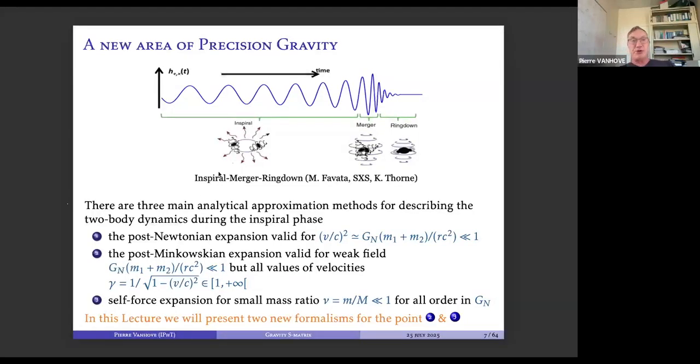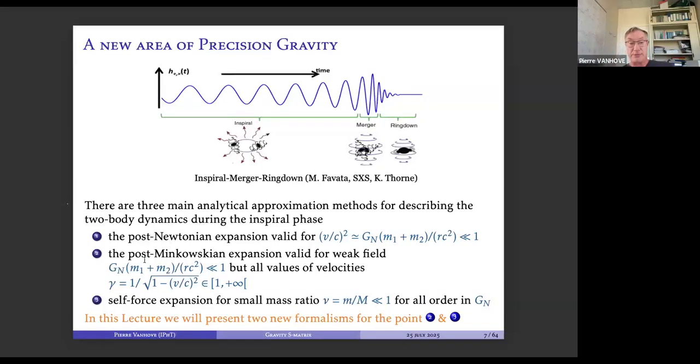So what can we do? When you have two black holes or two massive objects in spiral, there is a phase which is called the inspiral phase. This phase is a perturbative regime, so you can treat it using perturbation.